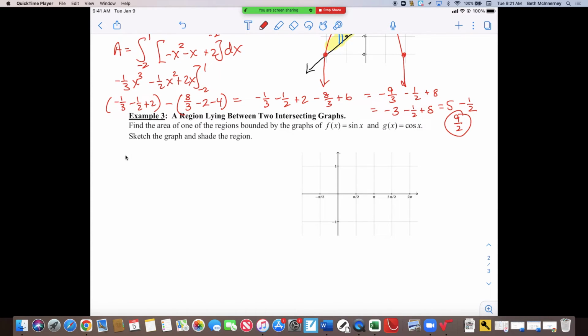All right. In example 3, it says find the area of one of the regions bounded by the graphs of f of x equals sine x, g of x equals cosine x. So there's going to be infinitely many of these, but we're going to try to find the one closest. So I happen to know sine x.